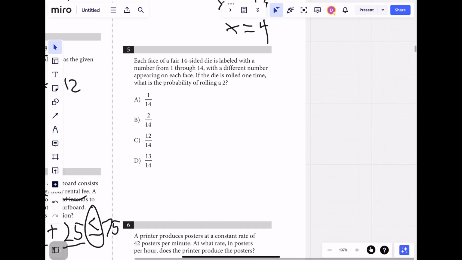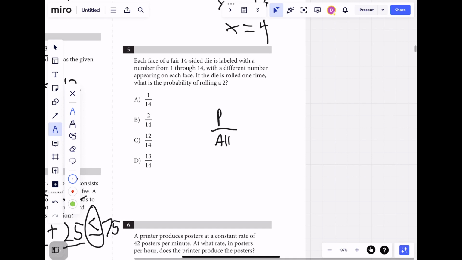Each face of a fair 14-sided die is labeled from number 1 to 14 with a different number appearing on each face. If the die is rolled one time, what is the probability of rolling a 2? Basically, how probability works is it's the probable solutions over all solutions.